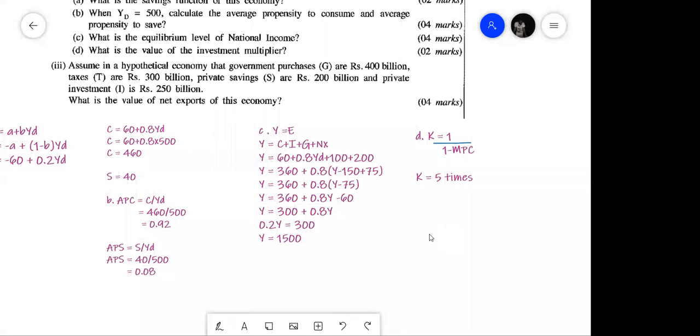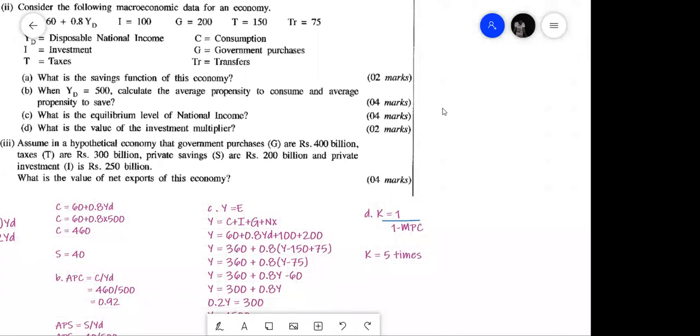Okay, so what you can do is you can use the W equals J approach, right? So for part 3 here, W equals J, right? What are your withdrawals? You have savings, taxes, and imports is equal to your injections, investment, government spending, and exports.